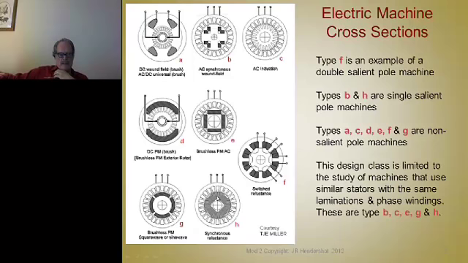Now, this machine has the same kind of stator as these other machines we talked about. They all have the same stator, but the rotor is different. It's made up of pieces of steel and air, or steel and plastic, or steel and magnets even. The steel parts are called magnetic flux carriers, and the air sections, or plastic sections, or fiberglass sections, or whatever non-magnetic material you want to use, are called flux barriers.